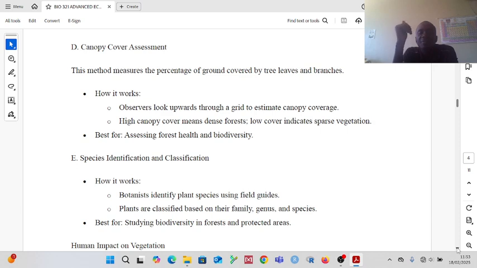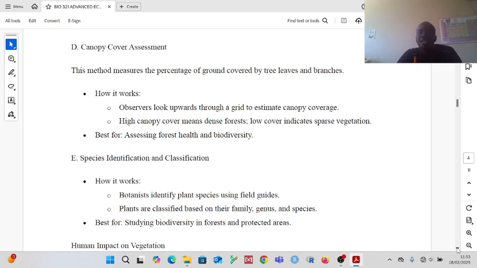But you get to some other sections and you can see the sky, because when you look up, you have spaces in between the trees. Sections where the exposure to the sky is high just mean there is low canopy cover. Low canopy cover indicates sparse vegetation.